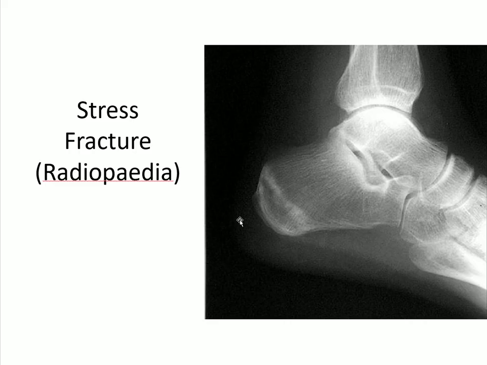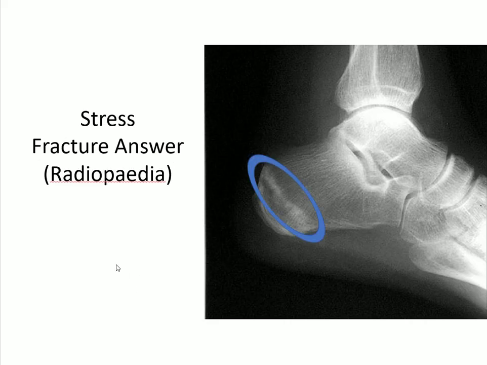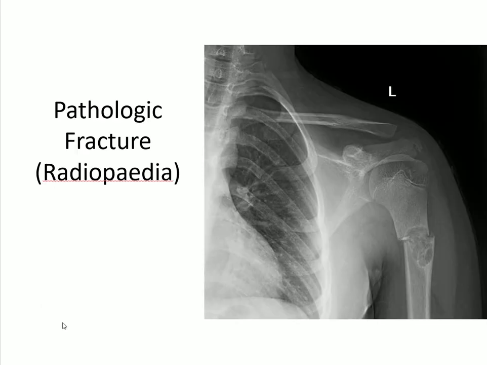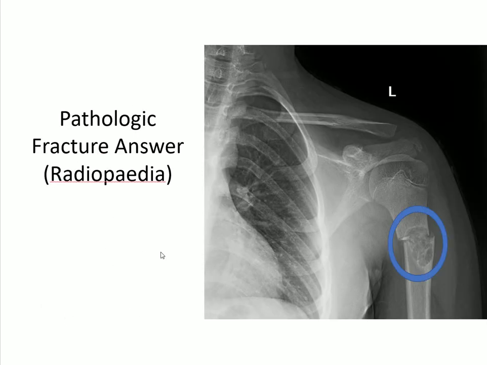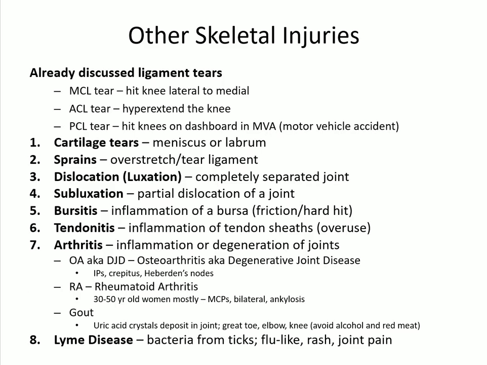Stress fracture, so from repeated use, this person's probably a runner. Stress fracture to the heel. We have a pathologic fracture right there, probably from something like cancer, right? All of these are different fractures that we already discussed, but now we've talked about joints. You kind of know how everything articulates. That's just a quick little pop quiz in the middle of a joint lecture.